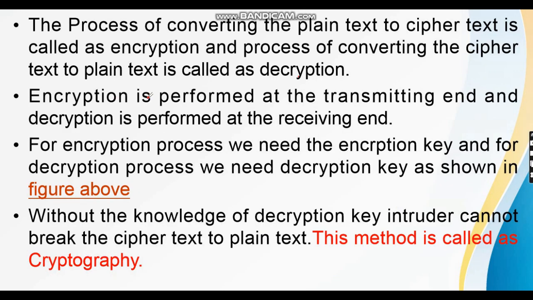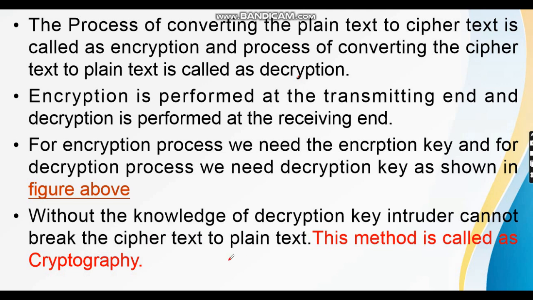Encryption is performed at the transmitting end and decryption is performed at the receiving end. For the encryption process, we need the encryption key, and for the decryption process, we need the decryption key, as shown in the figure in the previous slide. Without the knowledge of the decryption key, an intruder cannot break the ciphertext to plain text.